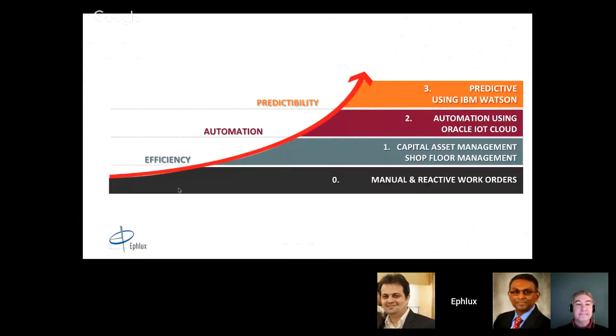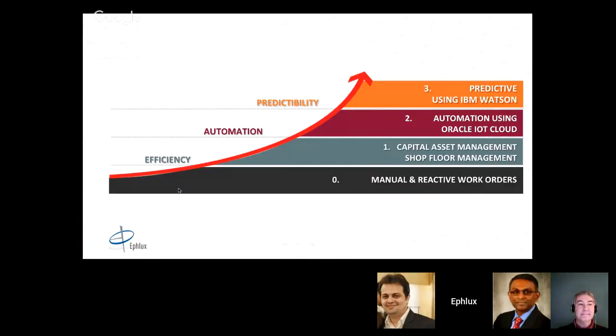So obviously, there could be a manual and reactive work order that you could create. If you talk about maintenance, capital asset management or shop floor management, they give you a much more structured way of having a periodic maintenance schedule or your production floor schedules that can be leveraged to enhance efficiency. Now, when we talk about IoT, it gives you automation.